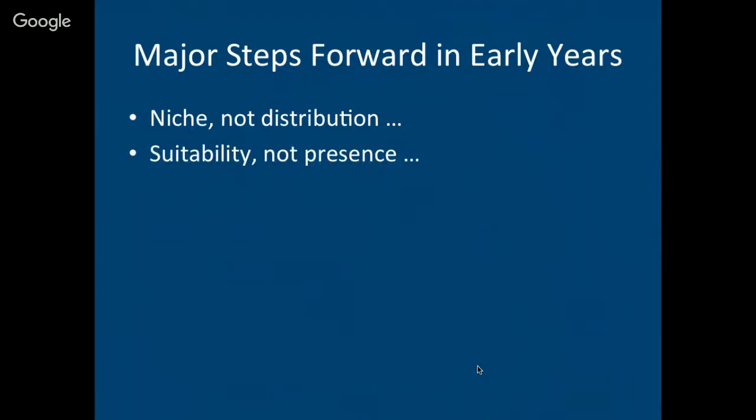These are models of suitability and not presence. That's much the same point, but it's the idea that there are lots of reasons why a species may not be present in a place that is environmentally suitable.